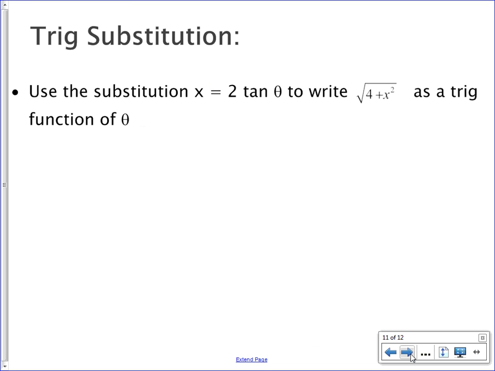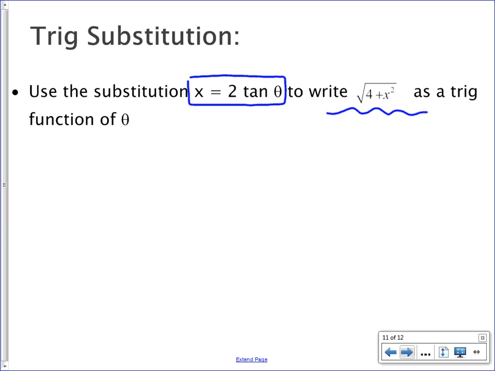Now, one last thing before I give you your homework is the idea of trig substitution. This is a strategy used for integration in calculus, which means nothing to you right now, but it will be helpful later. So it says, let x equal 2 tangent of theta, and rewrite the square root of 4 plus x squared in terms of theta instead.